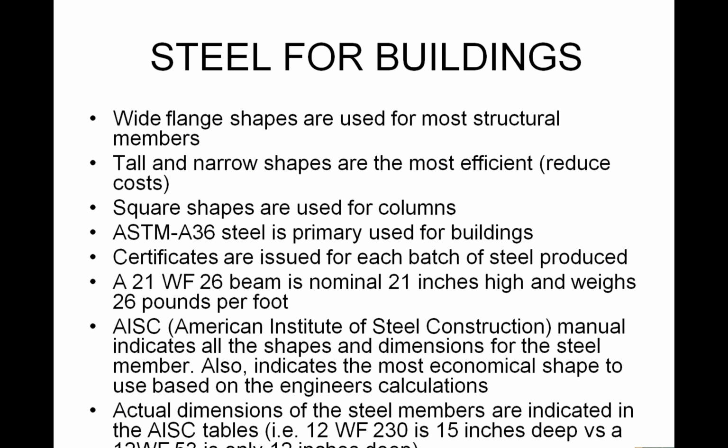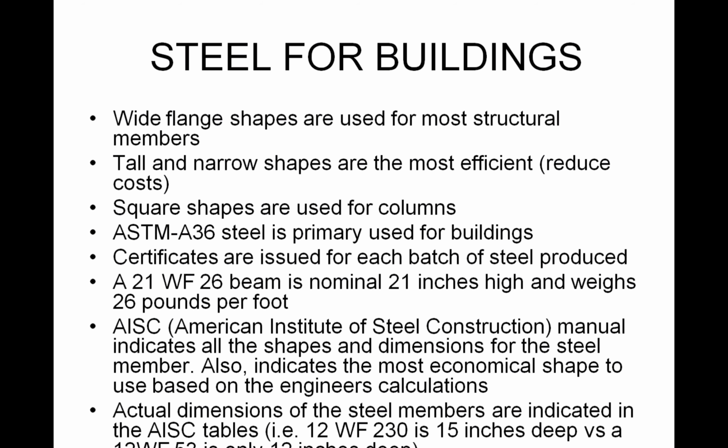So when we see buildings, you've seen a number of slides already, and pictures from the first few weeks of what a building looks like and what the typical steel members look like. They'll have wide flanges. They'll be tall and narrow. So the shapes have basically been developed this way based on the strength that they give you over the length.